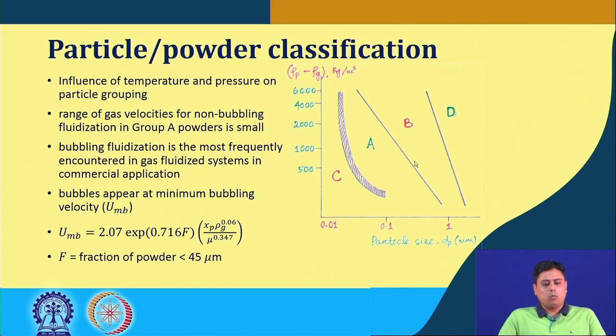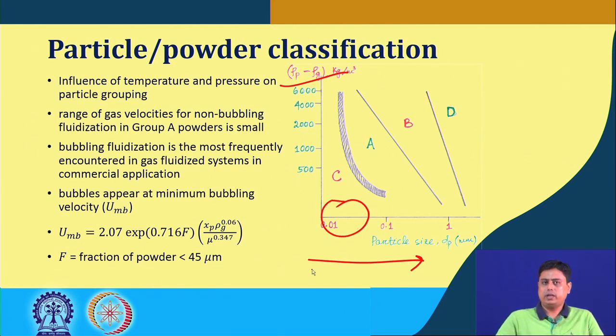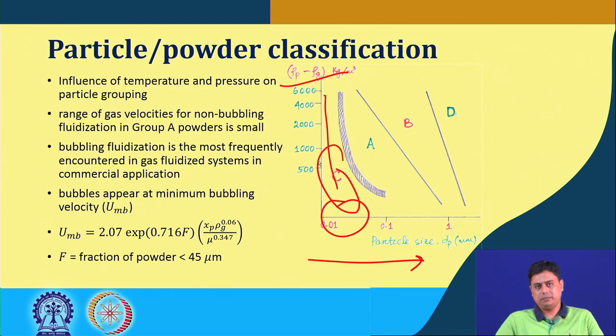This is basically the schematic of the different types of particles categorized in groups A, B, C, D, and their relative density. Very fine particles with a higher relative density fall in this narrow region of group C material.